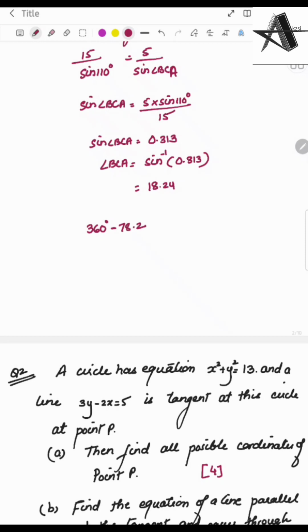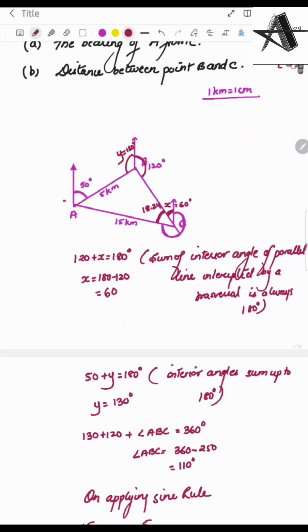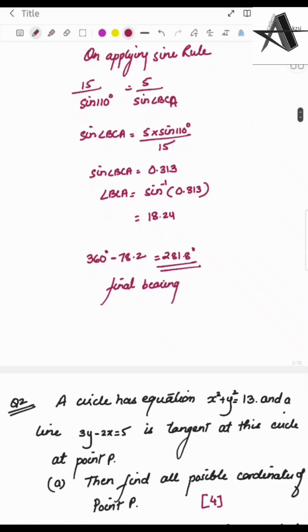That means I need to subtract 78.2 from 360, which is 281.8 degrees. This is our final bearing. What they are asking is the bearing of A from C. So this is the final bearing of A from C. So this is the answer of part A, like part I.